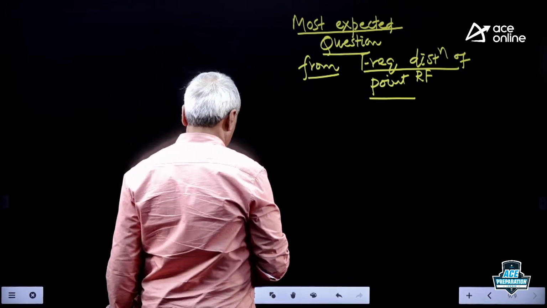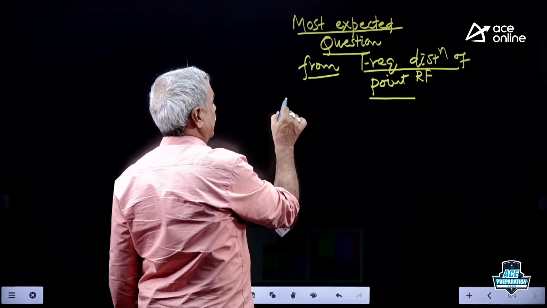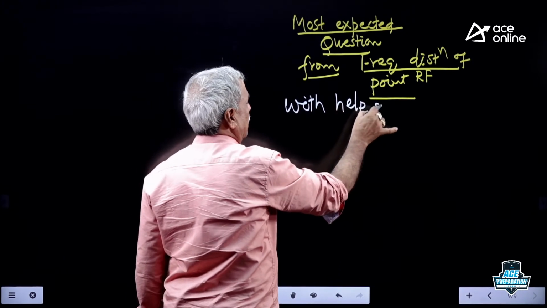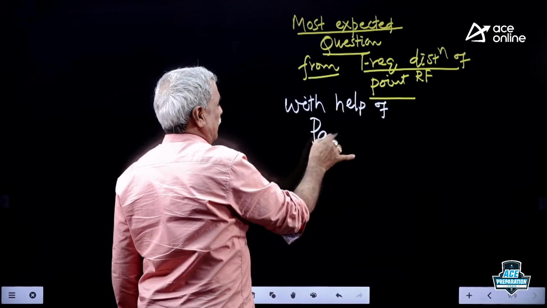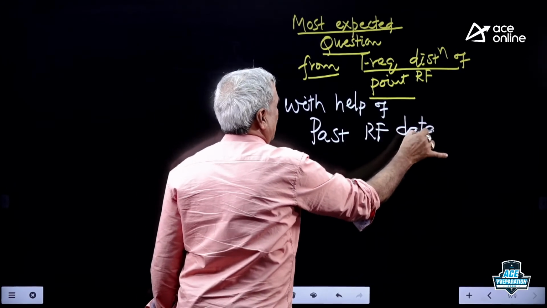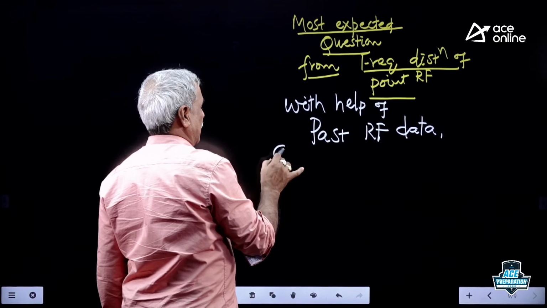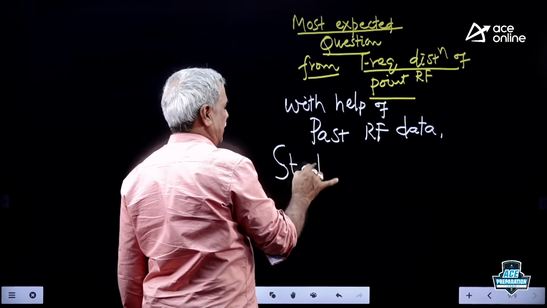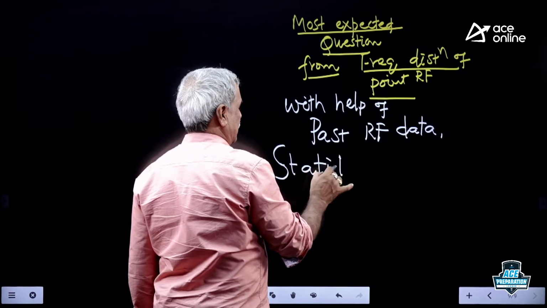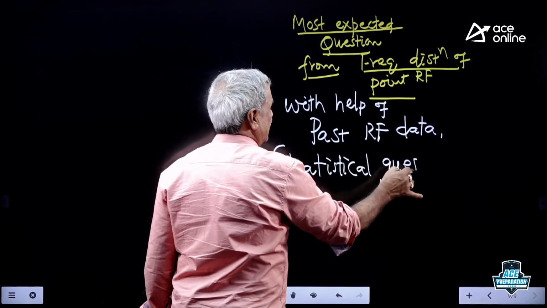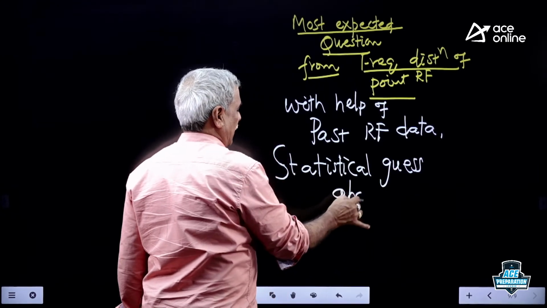We know the purpose of the chapter: with the help of the past rainfall data, making a statistical or rational guess about future rainfall data.